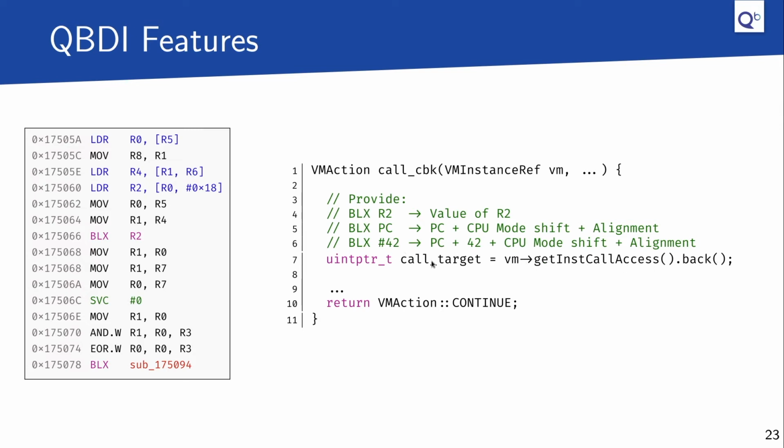And then here you have the effective value. This is quite simple for ARM64, but for ARM you have some tricky computation because of the thumb mode and some alignment computation. So here, for instance, for ARM instruction, it will automatically compute the value with the thumb bit.